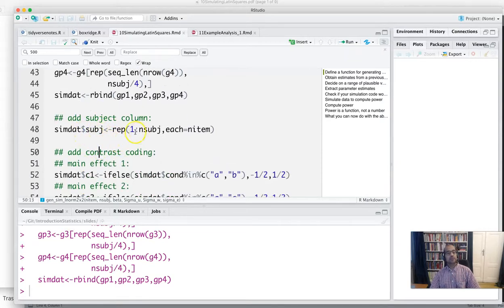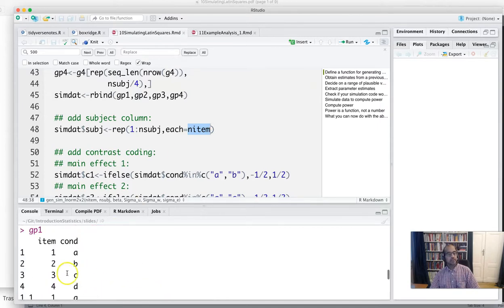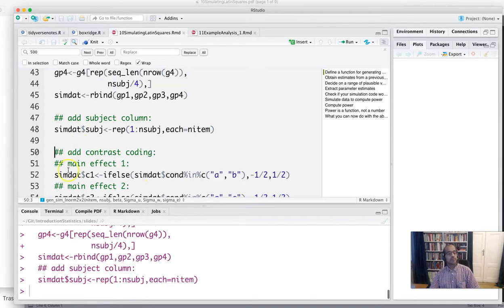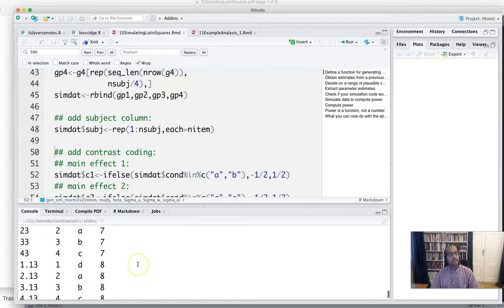This subject column will now contain subject IDs going from 1 to 8, and each of these numbers will be repeated 4 times, right? So that's what I've shown you here. Here I'm going to repeat subject ID 1 4 times, then subject ID 2 4 times, and so on, right? So that's what I've got here. And so when I do that, I've got a simulated data frame that contains a subject ID as well.